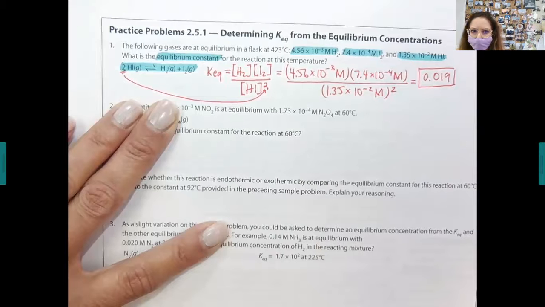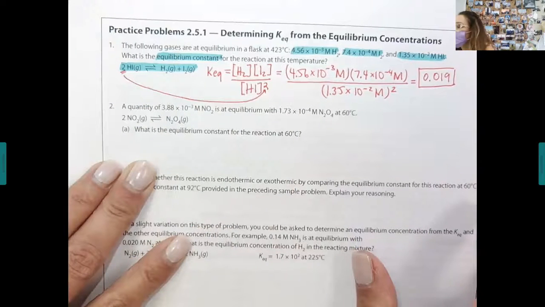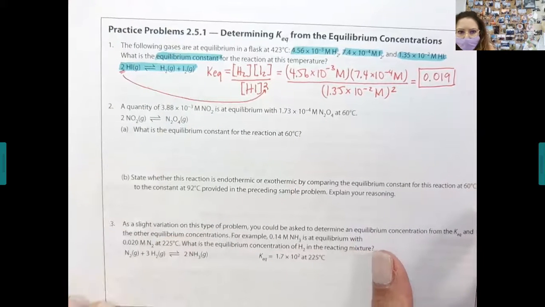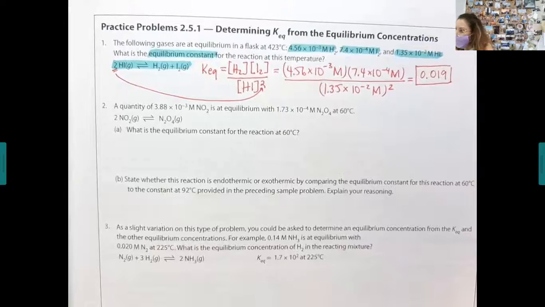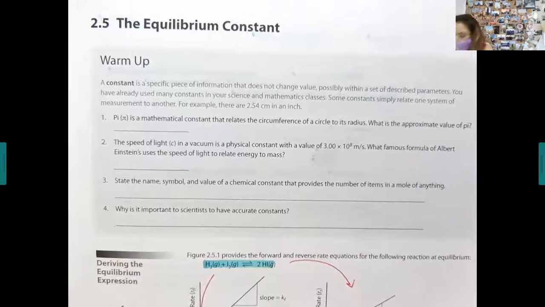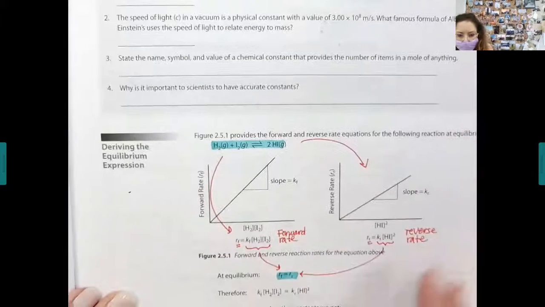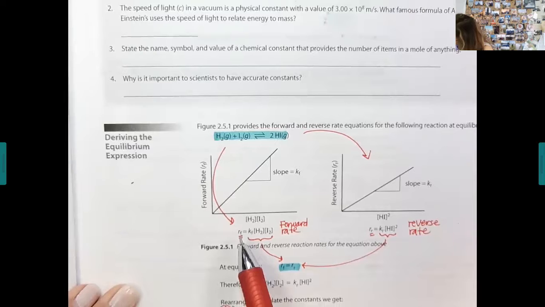Okay, any questions for me on that one? The rate constant, if you turn back to the previous page, this rate constant is the rate constant for the forward reaction.